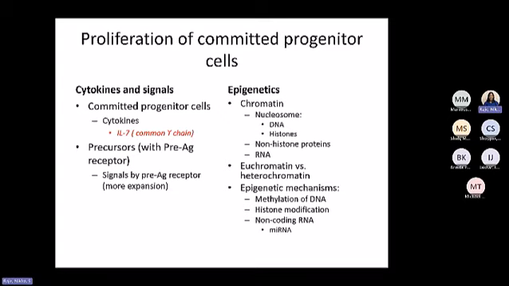Epigenetics also plays a role. So, going through what I was talking about, access to the genes in the nucleus, we want to talk about how that occurs. Our DNA is organized in the form of chromatin in the nucleus of the cells. Chromatin includes the nucleosome, which has the DNA and the histones. It also is in association with non-histone proteins and RNA.